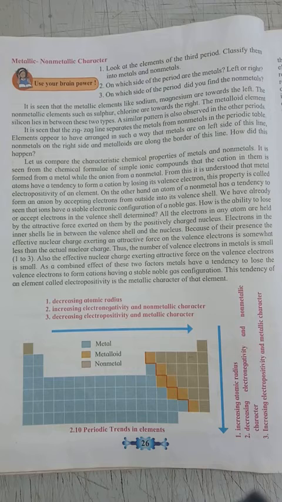Atoms of metals have the tendency to form cations by losing valence electrons; this property is called electropositivity of an element. Atoms of non-metals form anions by accepting electrons from outside into the valence shell; this property is called electronegativity.